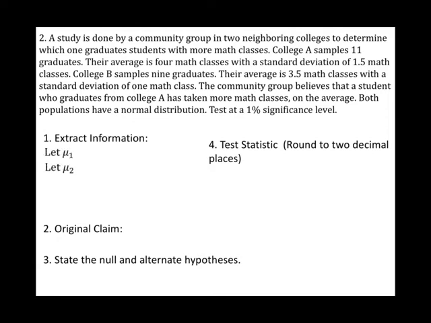So first, let the mean 1 and mean 2. I will let the mean 1 will be the means of College A, mean 2 will be the means of College B. What is the original claim? The claim statement will be the community group believes that a student who graduated from College A has taken more math cards.